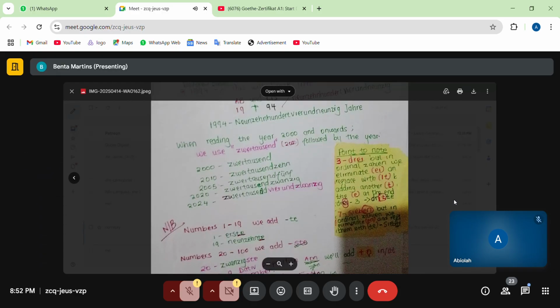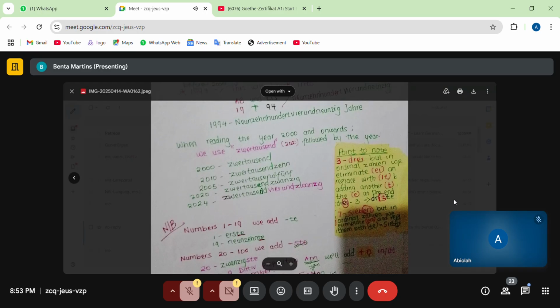But just know that drei changes from drei to dritte. The point to note is just to show you where the changes occur. I don't know if the nomenclature makes sense. So EI is replaced by IT before adding TE at the end. And then we have sieben.